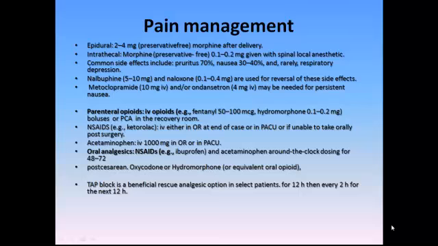Also, acetaminophen IV 1000 milligram can be given. If oral analgesia is possible, non-steroidal anti-inflammatory drugs can be given, say ibuprofen and acetaminophen. And of course, we talked about the TAP block before.